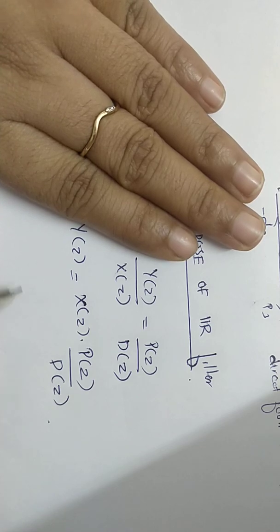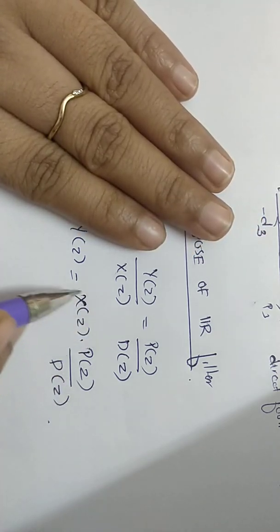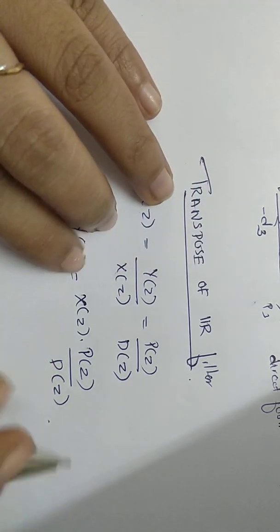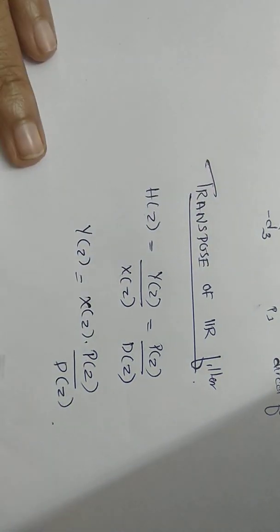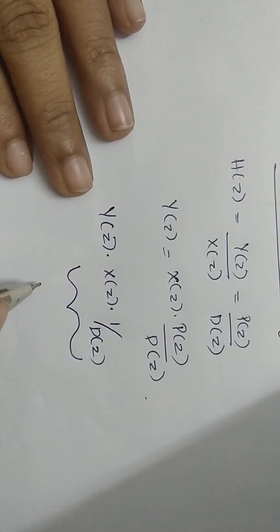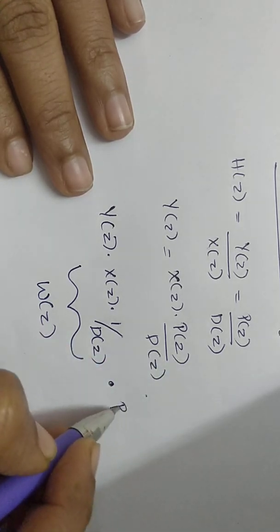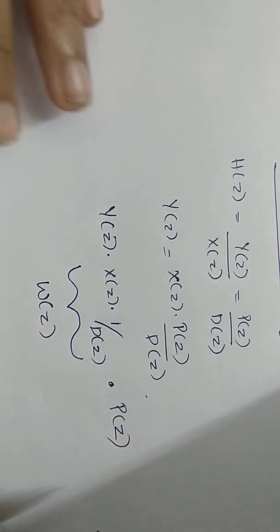Now we consider 1 by D of z as the first subsystem and P of z as the second subsystem, that is Y of z as X of z into 1 by D of z as the first system, and I am writing it as W of z, and the second term P of z as the second subsystem.